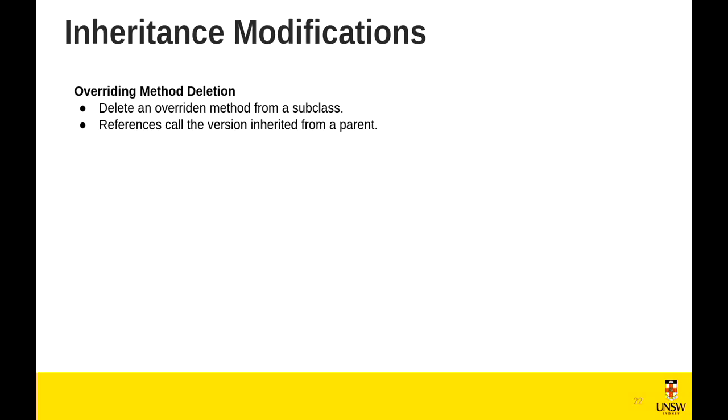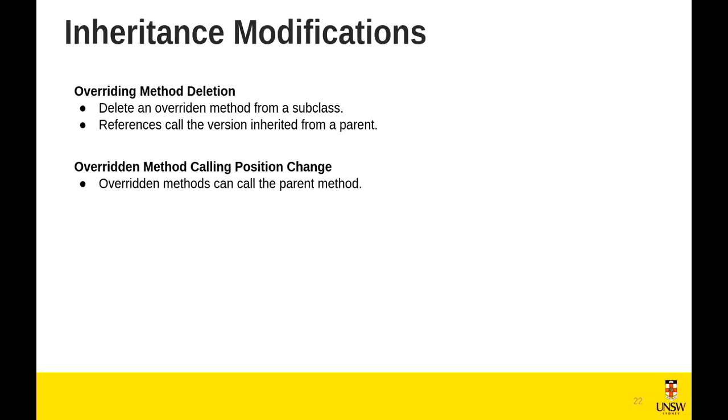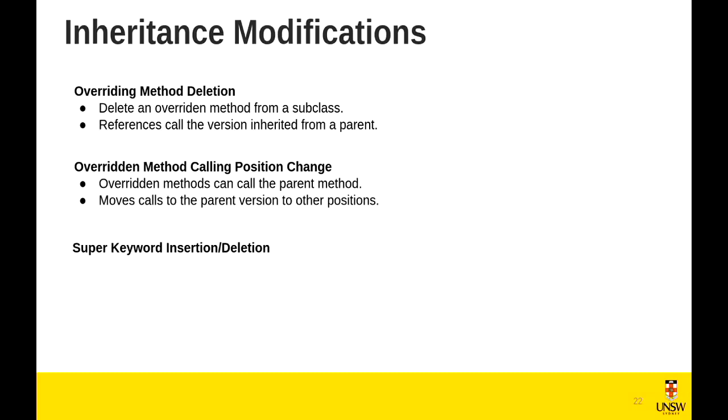So if we delete an overridden method in the subclass, all the references to the method will be calling to the parent. And we can change the calling position of these overridden methods. And there are some other things related to inheritance.